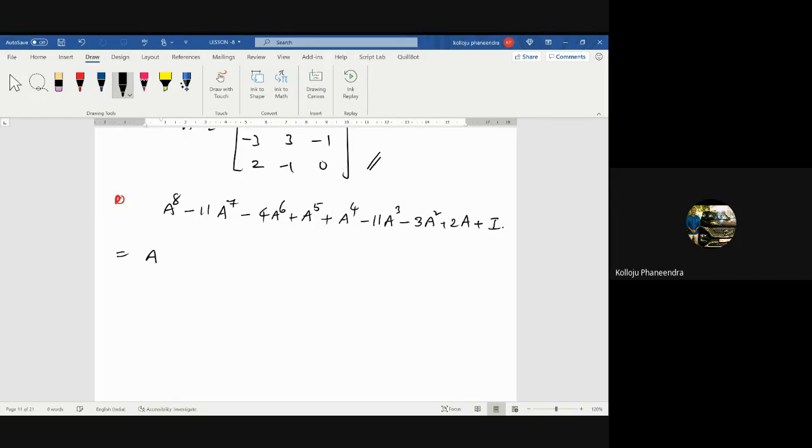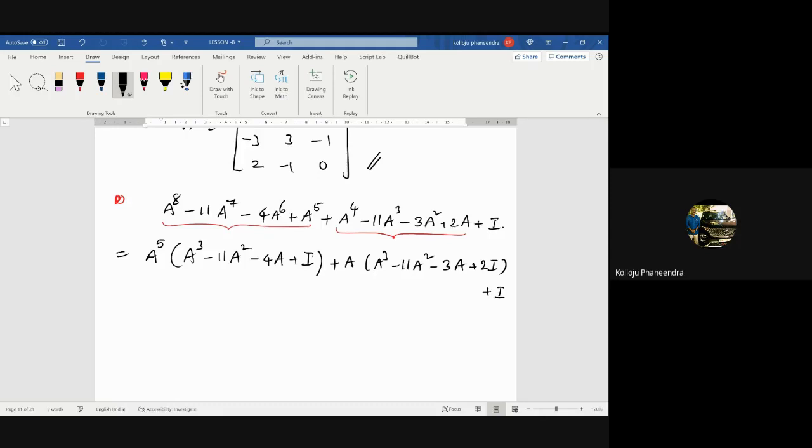In this expression, in the first part, I will take A power 5 common, up to here. What does this become? A cube minus 11A square minus 4A plus I. And from this term onwards, let me take A common: A cube minus 11A square minus 3A plus 2I, plus I separate.